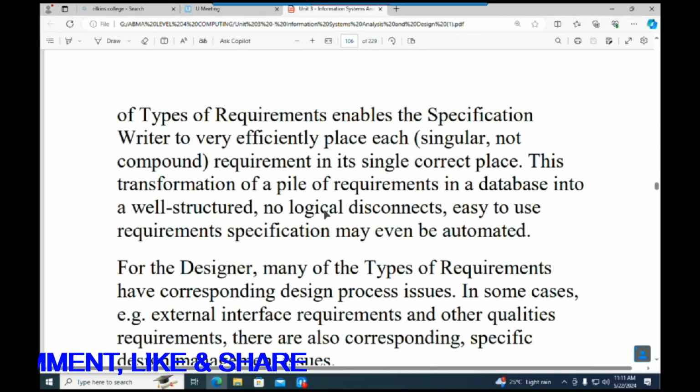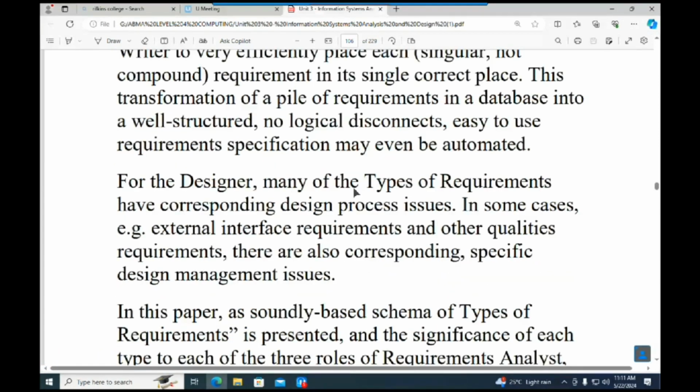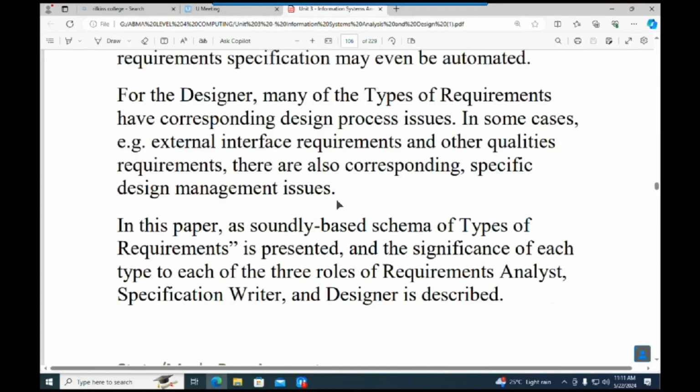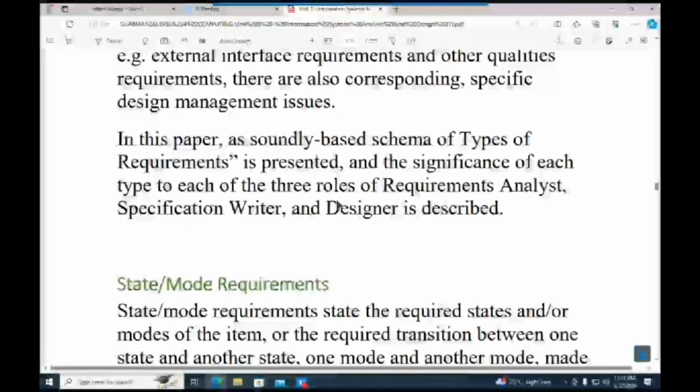So the specification writer needs to know what types of requirements it's going to handle. Then you have the designer that also needs to know the requirements that are going to correspond to the design issues. We have some cases, for example, the internal interface requirements and maybe other quality requirements that might correspond to those specific design issues.